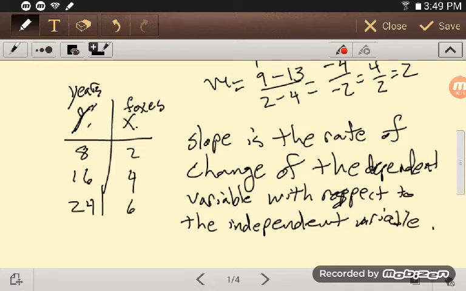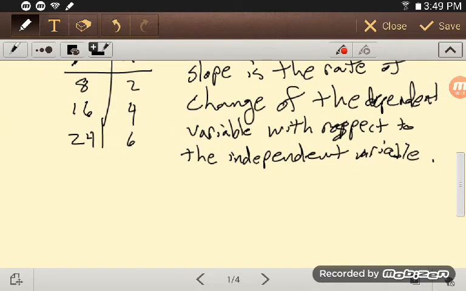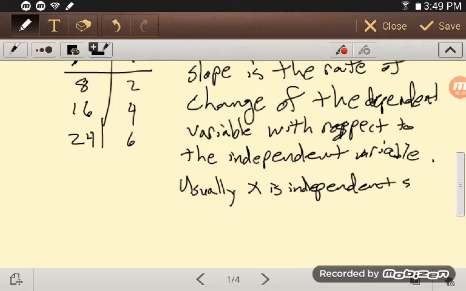Typically, x is independent and y is dependent.